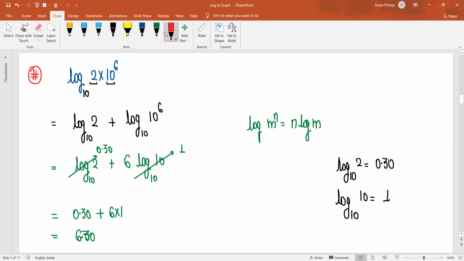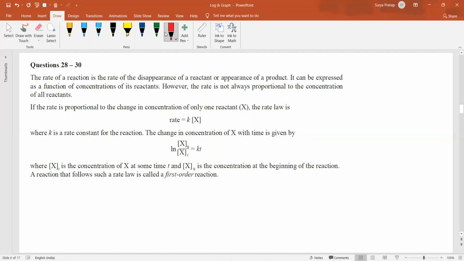Sometimes they ask for a relation of the log term with another term. For example, I have this question here. I want to just pick this formula. No need to read the passage right now. We have to solve a question based on this idea, so I will read the passage next time.